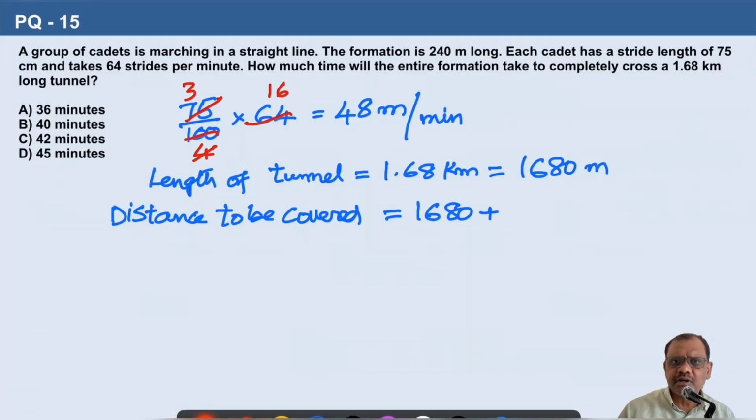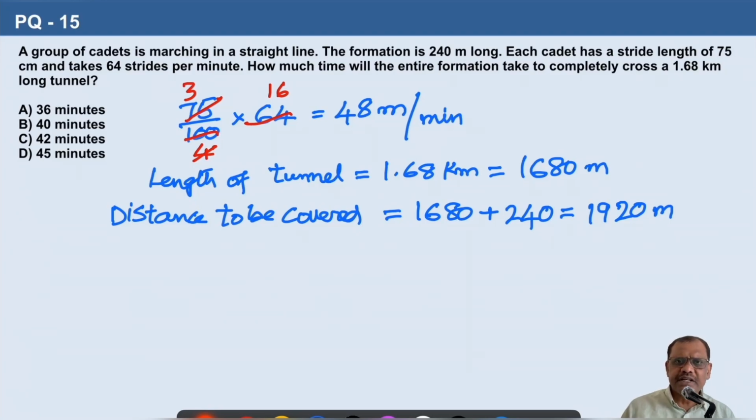What is the length of the formation given in the question? 240. So if you add both, we get 1920 meters. So this is the distance to be covered to cross the tunnel completely.